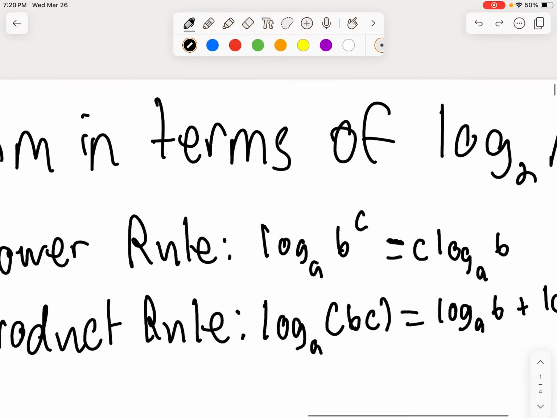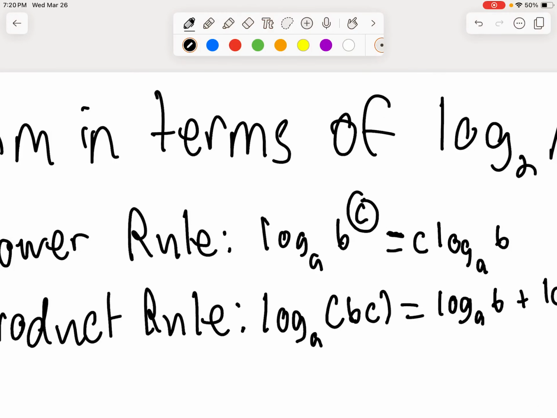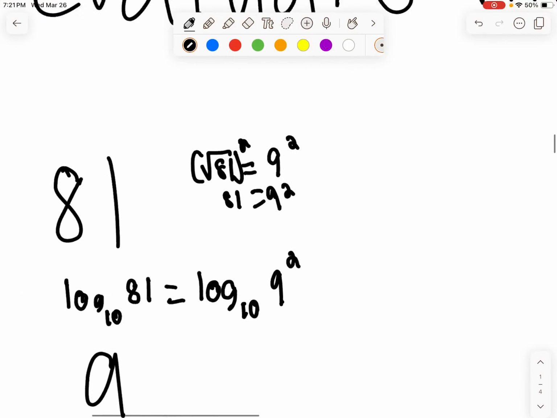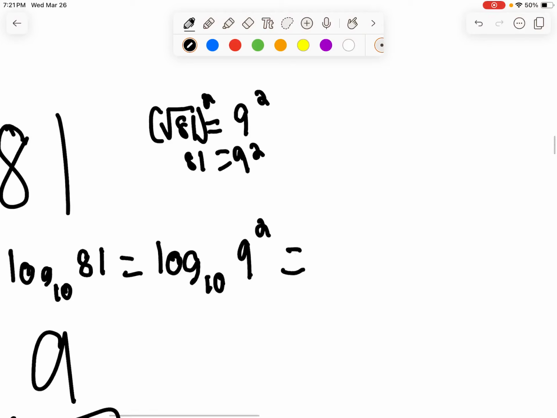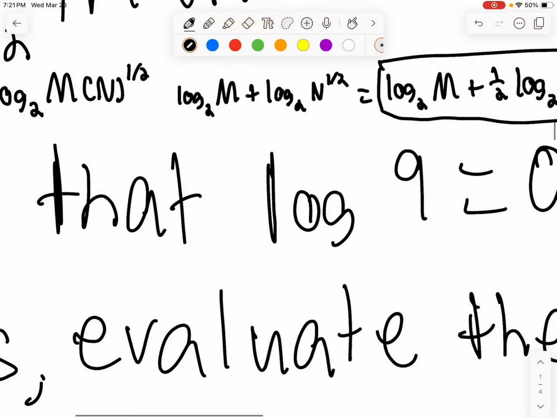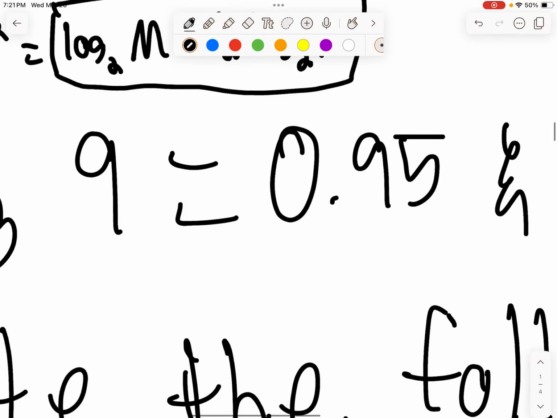Nice little visual for you. Let's get to it. Can we write this as 2 log base 10 of 9? And log base 10 of 9 was given to us as 0.95.